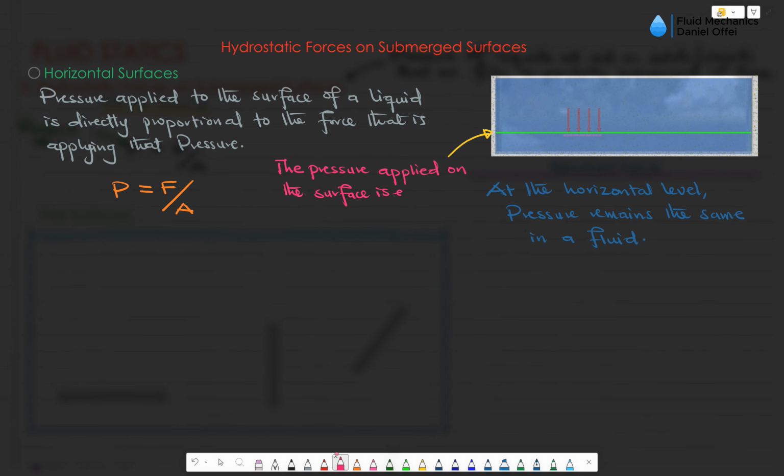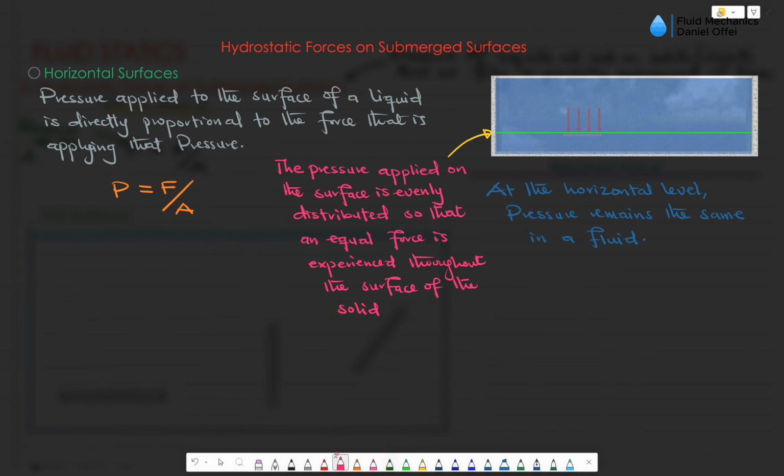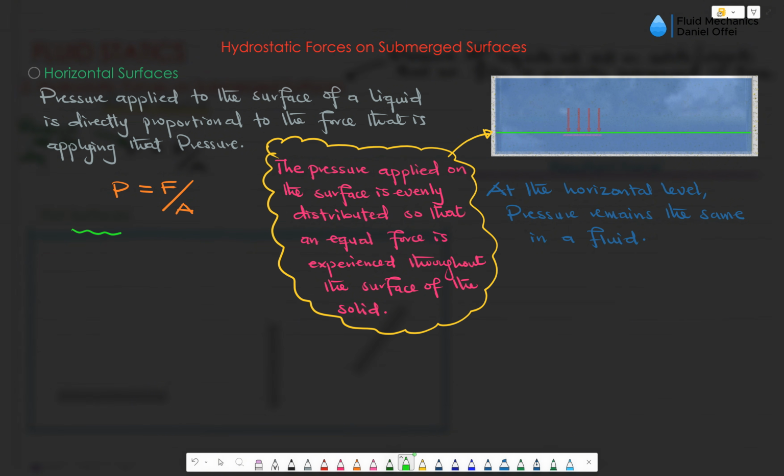So if the pressure is the same at the horizontal level and our solid is also taking a horizontal level in a liquid, then we can say that the pressure applied on the surface is evenly distributed so that an equal force is experienced throughout the surface of the solid. Then by saying so, we can write that the resultant force on the solid is just equal to the pressure at that height times the surface area of that solid.